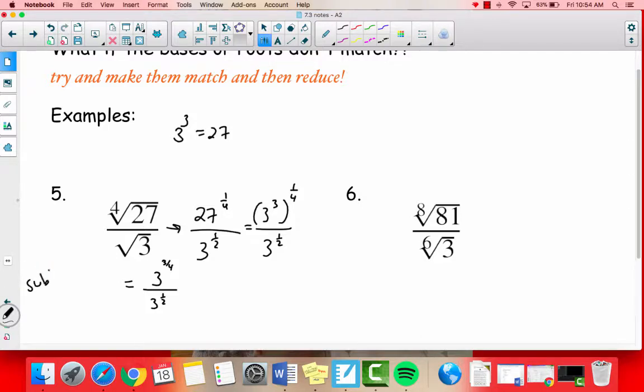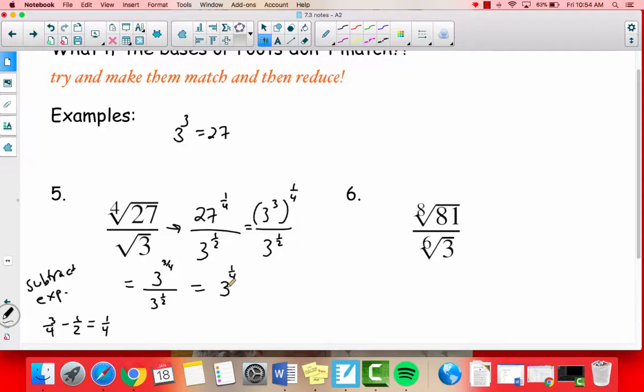So I'm going to subtract the exponents, right? And so if I do that, I'd have 3/4 minus 1/2. When I subtract those, that's going to get me 1/4. And so I can rewrite my answer with the same base, but to the 1/4 power.